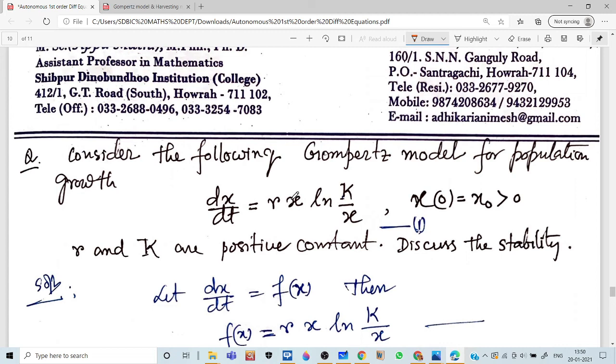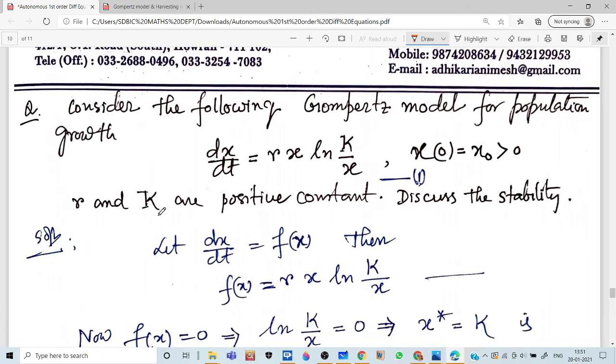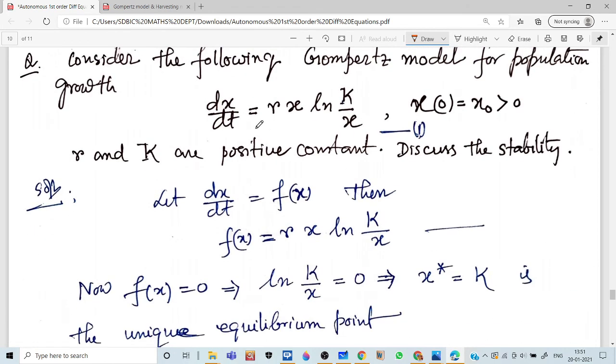Consider the following Gompertz model of population growth and discuss its stability: dx/dt is equal to r x ln(k/x), with the initial condition x at time t equal to 0 being x0 greater than 0, and r and k are positive constants. So dx/dt is equal to f(x), where f(x) is equal to r x ln(k/x), log to the base e.